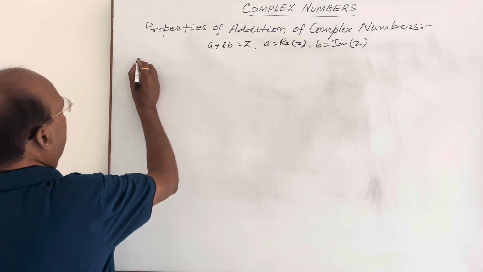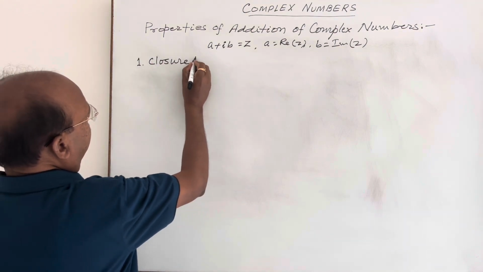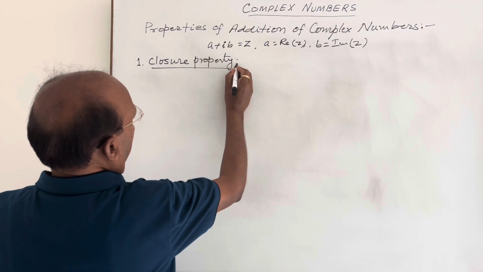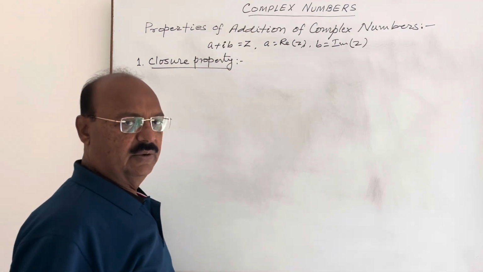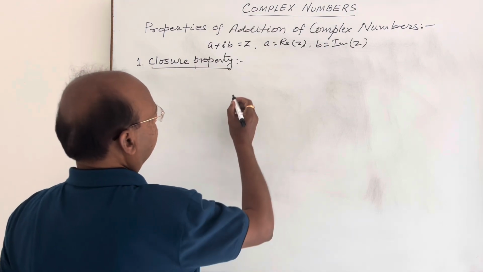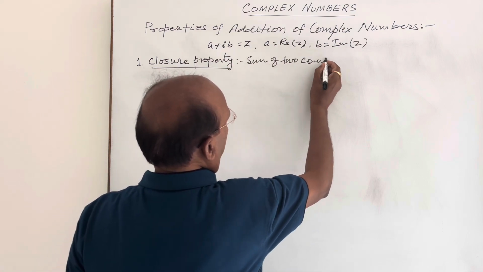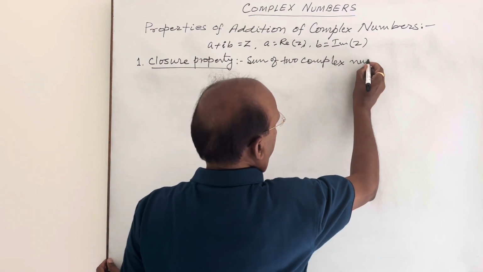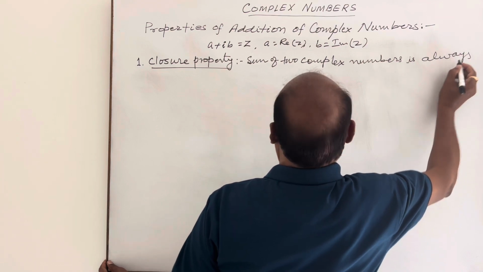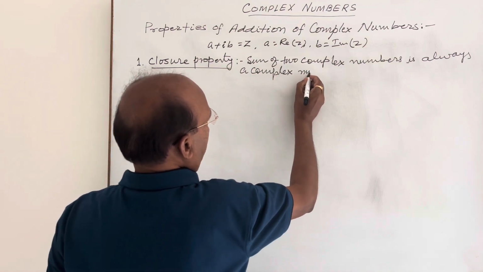So the first property we are going to discuss is the closure property. The closure property of complex numbers for addition tells that the sum of two complex numbers is always a complex number. This is called the closure property.